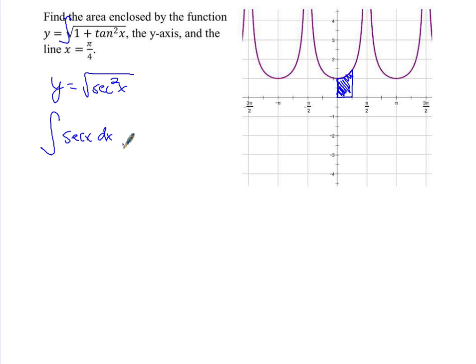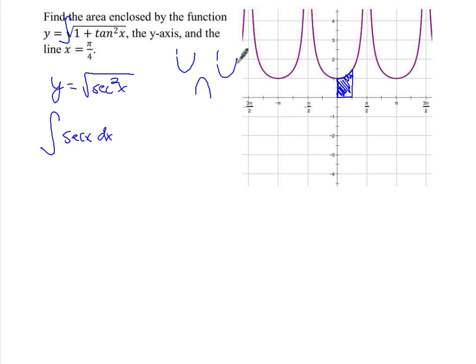Is that the graph for secant? No. Why does it do that instead? Secant usually looks like this. No, there's no absolute value up there in that function. But what did happen?